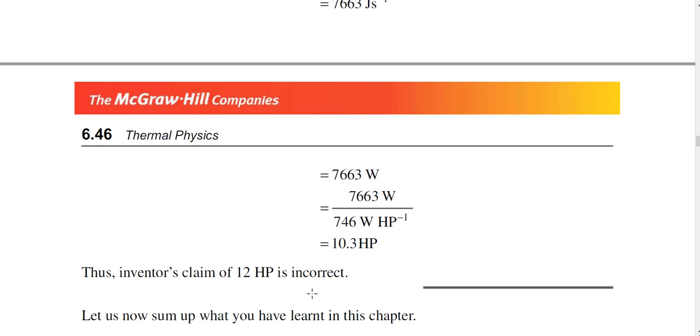Go through the different formulas and the significance of those formulas. Then just practice these numerical problems. I hope you have understood the numerical problems which I have discussed in this lecture and in the earlier lecture. I will also thank you for listening to my lecture.